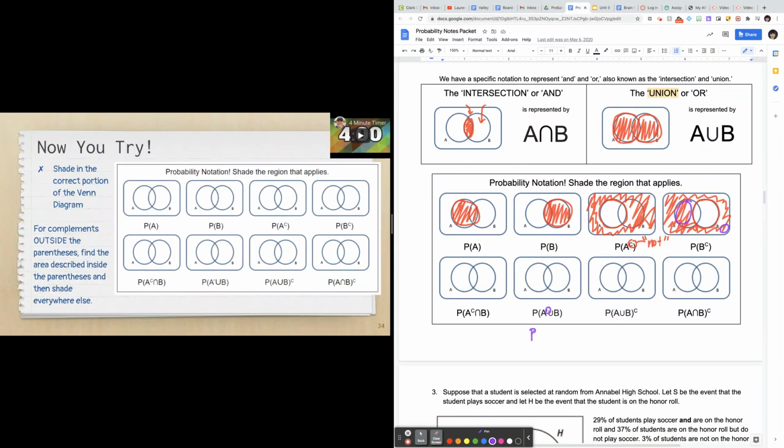So this is probability of not A or B. And then this one here is the probability of not A and B, right? So remember, with and, wherever you shade, it has to satisfy both of these things. But if it's an or probability, it has to satisfy one or the other, or both, all right?